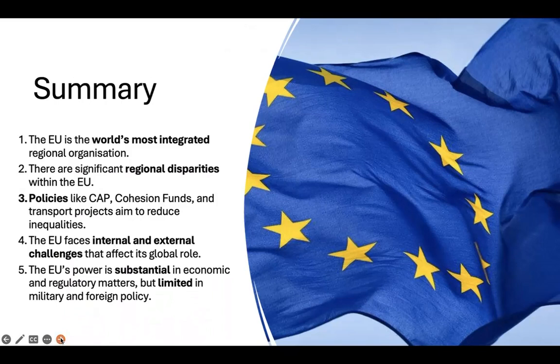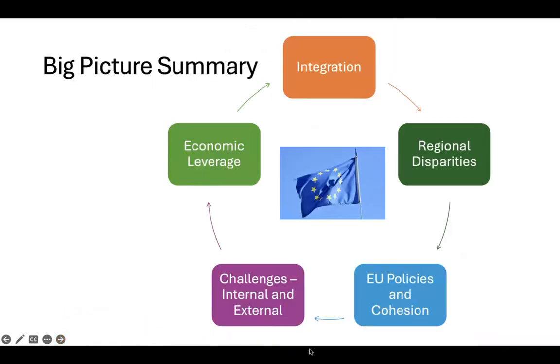I think for big picture understanding, it's really important to see how it all fits together. So really, if we were to start at the top, we've got this integration of states and territories and regions together. And what that does is that both creates prosperity, but due to the core periphery model, it also increases the visibility of inequality and can risk deepening that inequality.